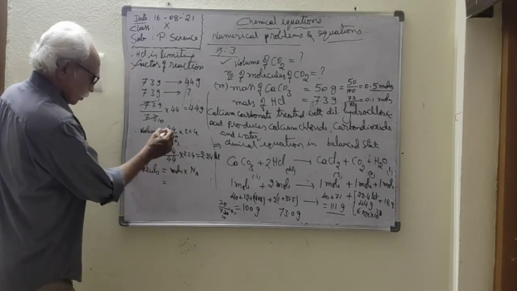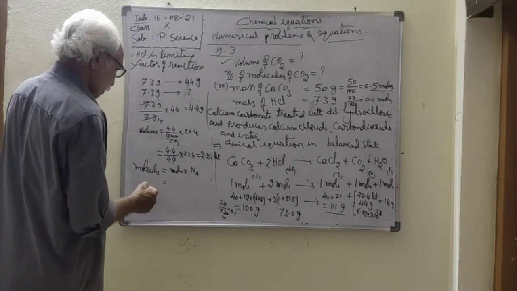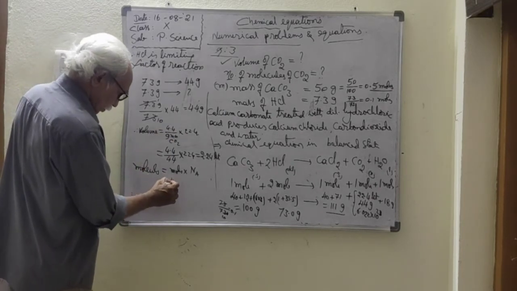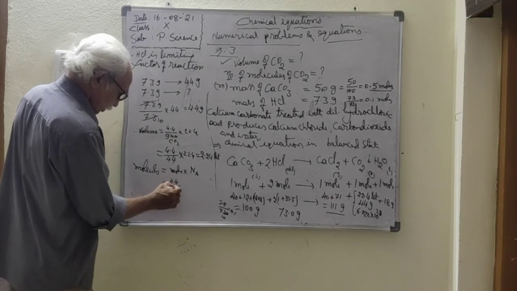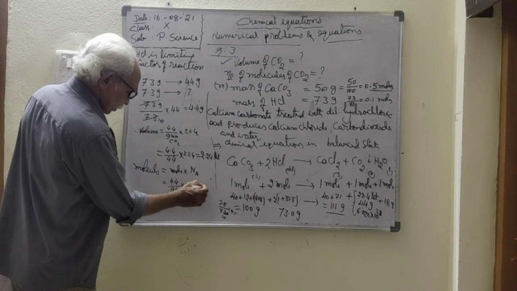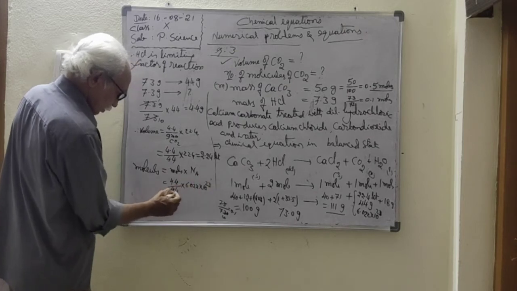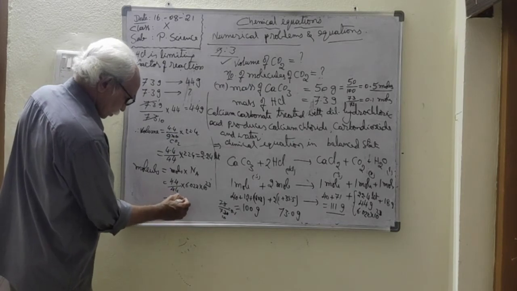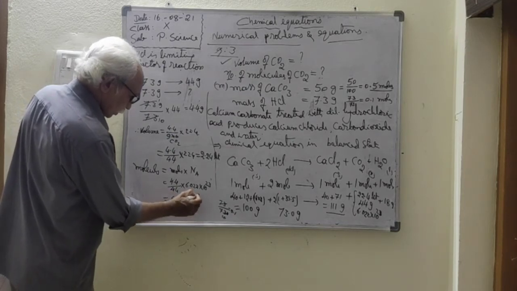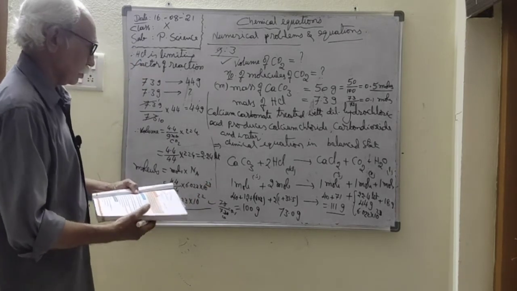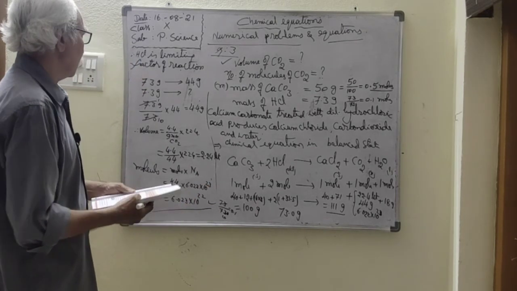Here 4.4 grams means 4.4 by 44, into 6.023 into 10 power 23, which is equal to 6.023 into 10 power 22 molecules. This is the other method.